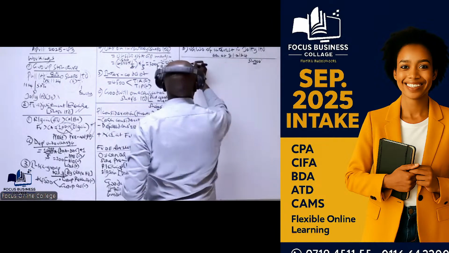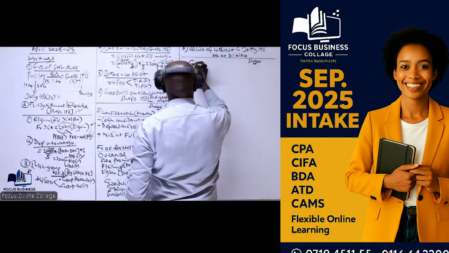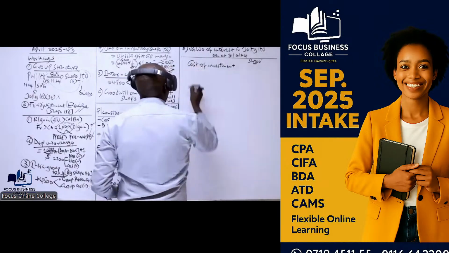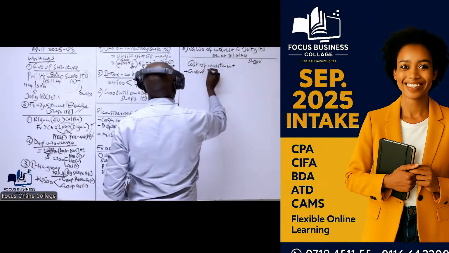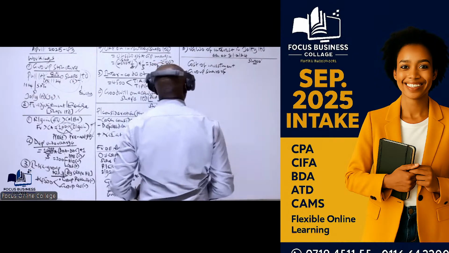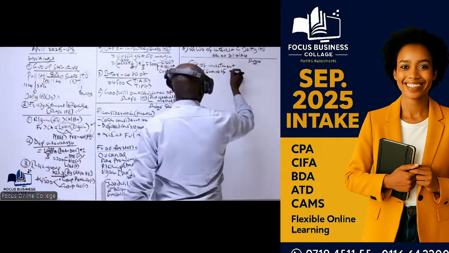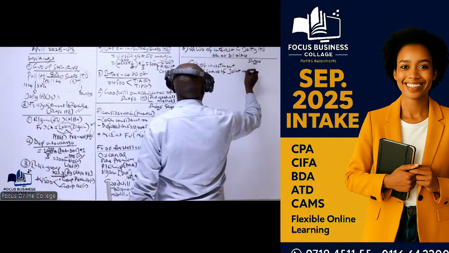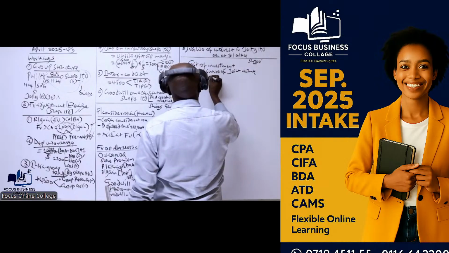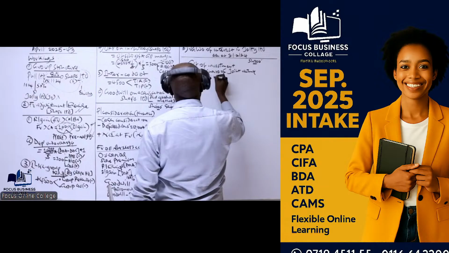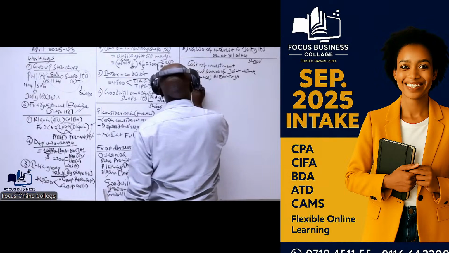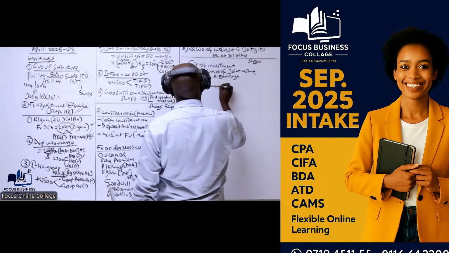So here we take the cost of investment. To this, we add the group share of post-acquisition retained earnings. Remember, this is a joint venture. And then to this, we deduct any impairment loss.